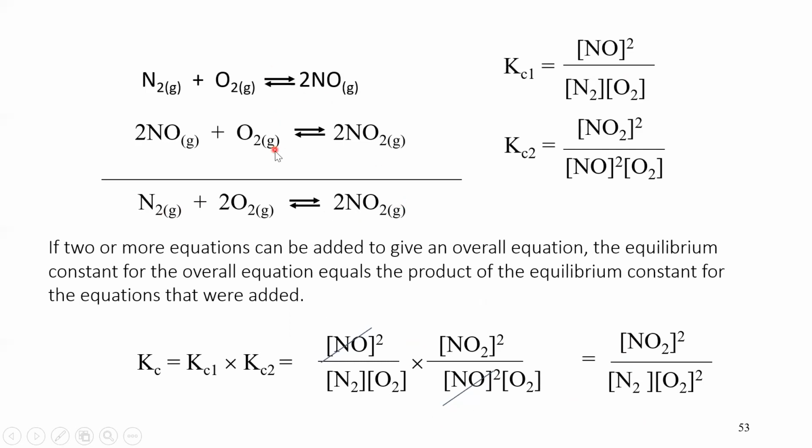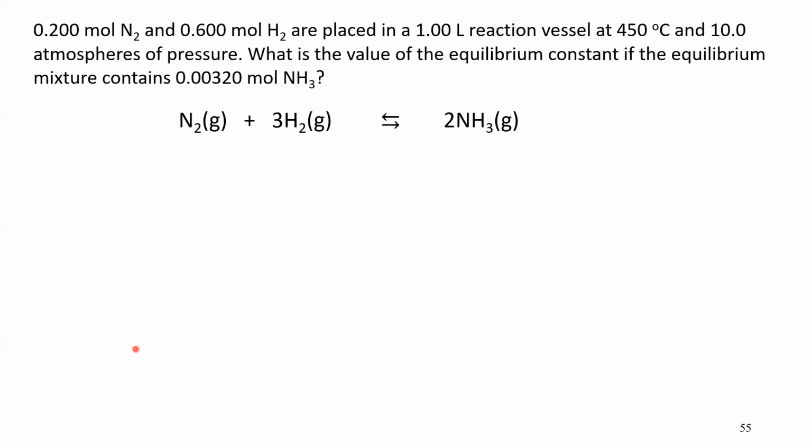So if 2 or more equations are added to give an overall equation, the product of the K values for the individual equations will equal the K for the overall equation. Just manipulating what K is. All right, so now we're going to look at some more problems.